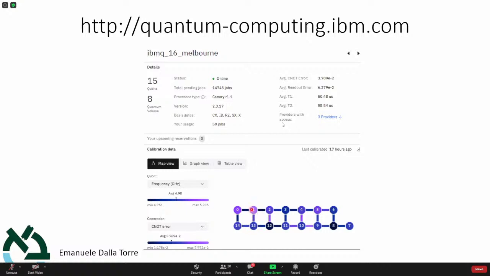These bonds are the gates, so you can apply gates between any neighboring qubits. This is going to be important in a moment. The gates have different fidelities. There are some purple gates that have a large amount of error, and some darker gates that have lower error. So there are variations from qubit to qubit.